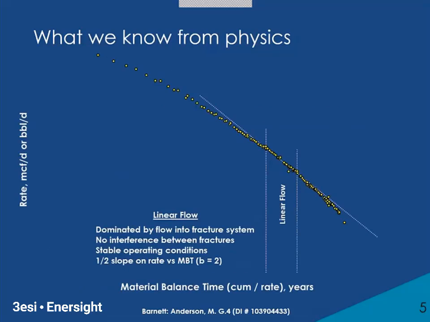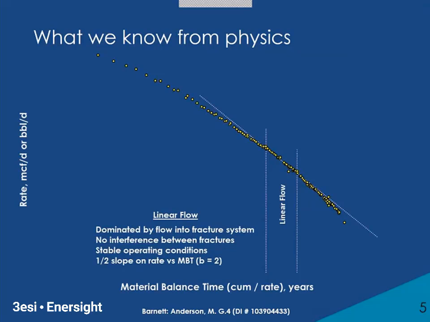So what do we know from physics? I'm showing here a material balance time plot with rate on the y-axis. We use material balance time to identify flow regimes, and material balance time is simply the cumulative production at any point in time divided by the rate at that time.